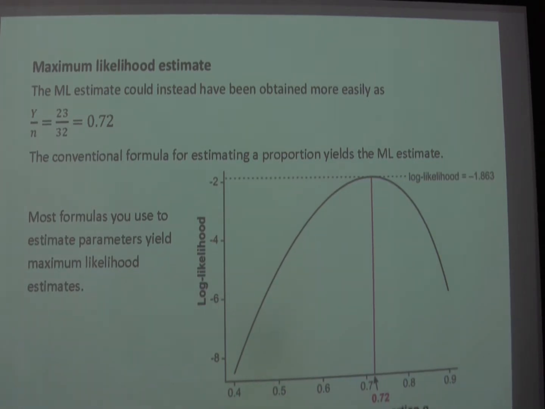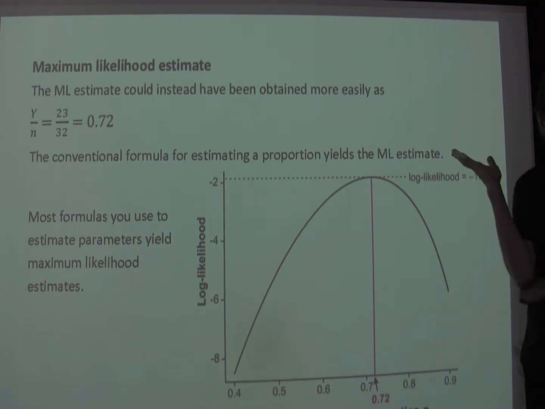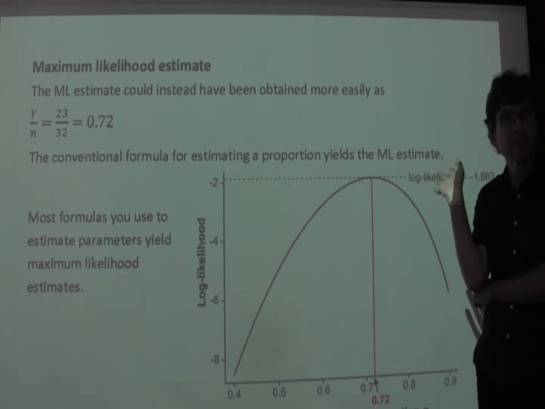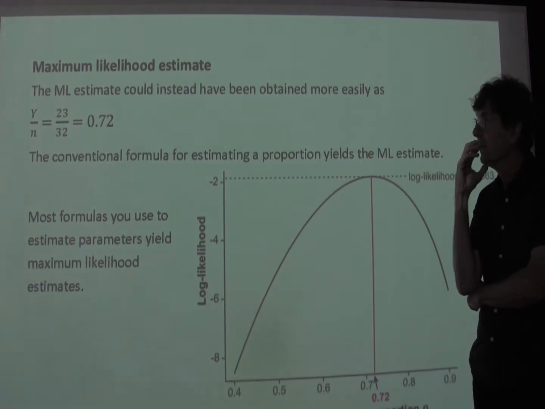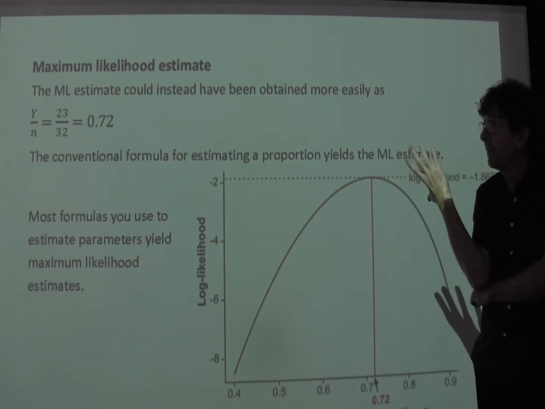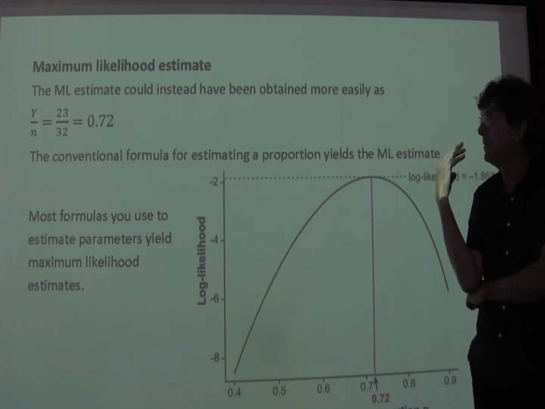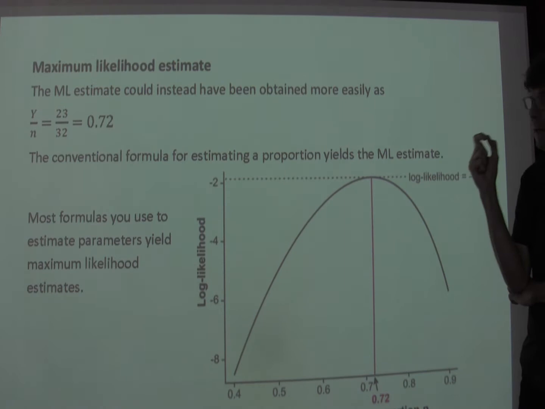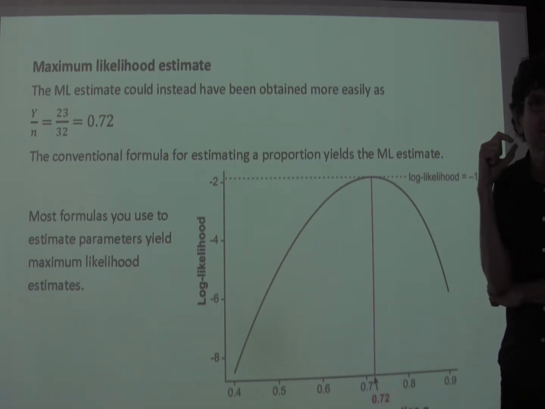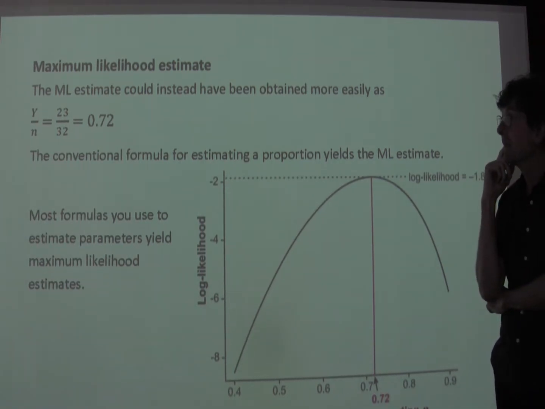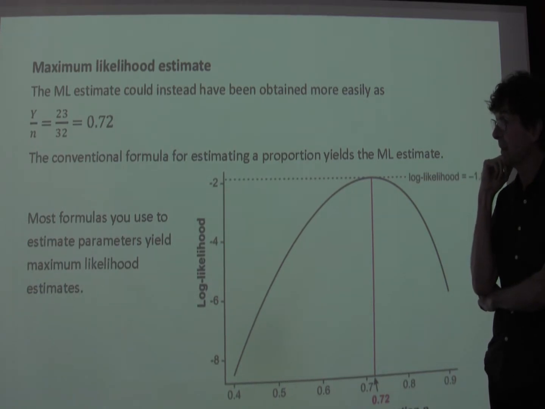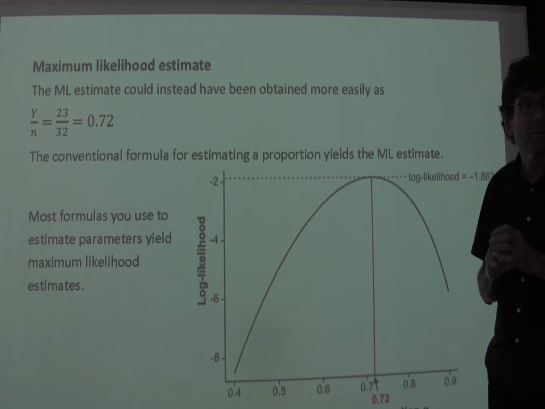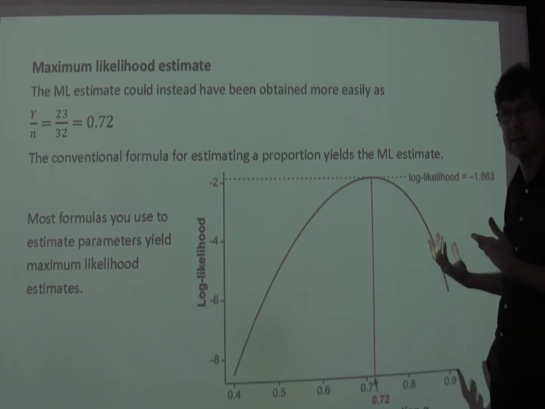And of course, my reason for showing you this is because this isn't so mysterious for something as simple as a proportion. And secondly, I wanted to point out that the reason we use 23 out of 32 to estimate a population proportion from data is because it's the maximum likelihood estimate. The number of successes divided by the number of trials provides a maximum likelihood estimate for a population proportion.